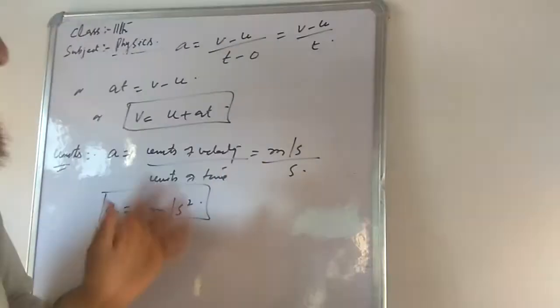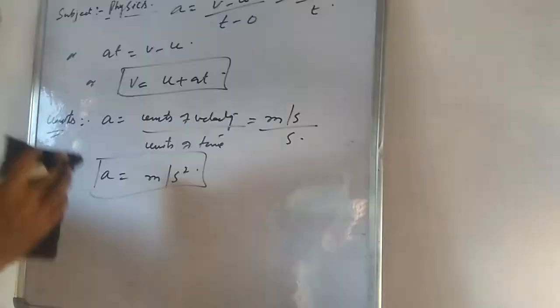Now, dear students, this acceleration or accelerated motion of a body is of two types: uniformly accelerated motion and non-uniformly accelerated motion. Before that, we can say what is a positive acceleration and what is a negative acceleration.